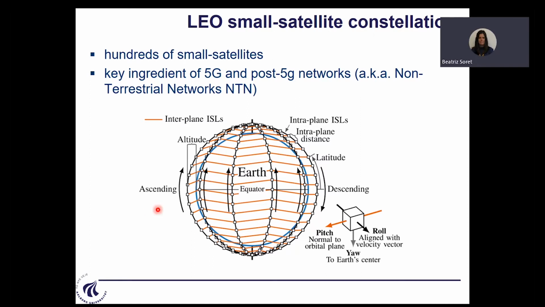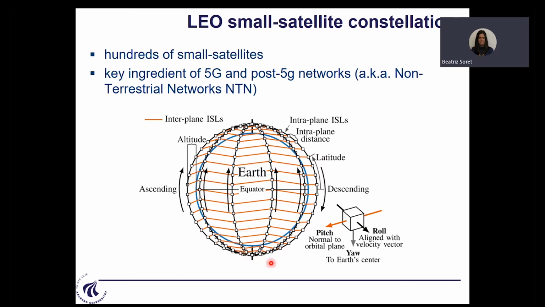And here in the picture I have how one of these constellations looks like. In this case, you have these polar orbits, and we have these hundreds of satellites organized in orbital planes, and they work all together as a single communication network.